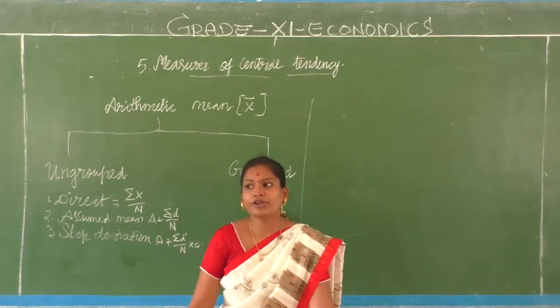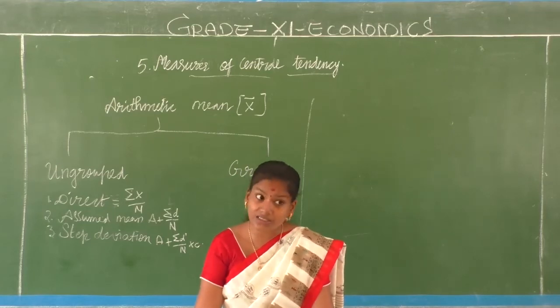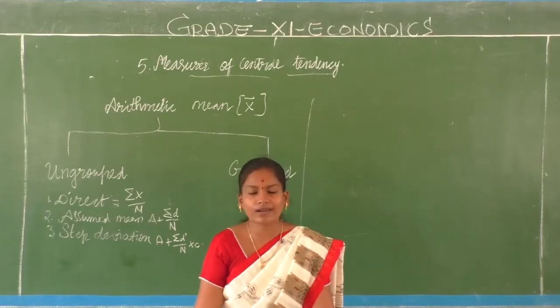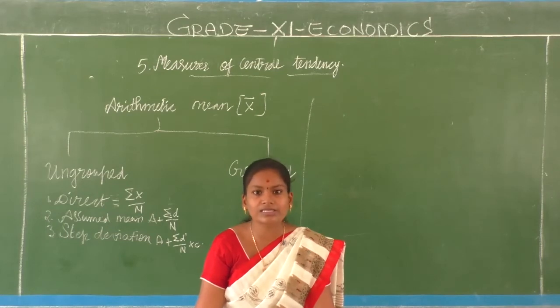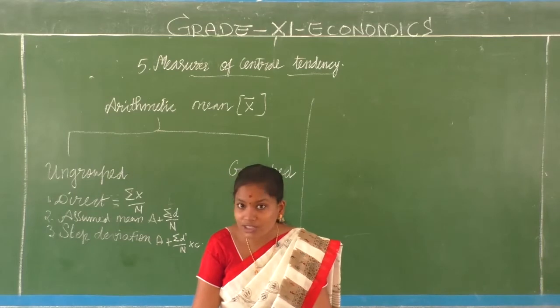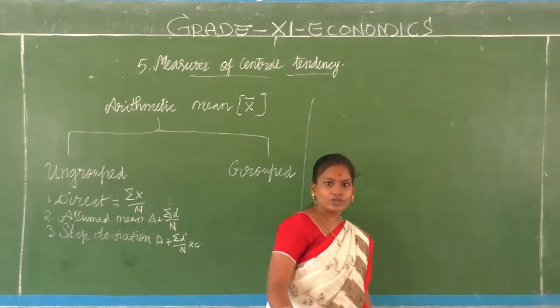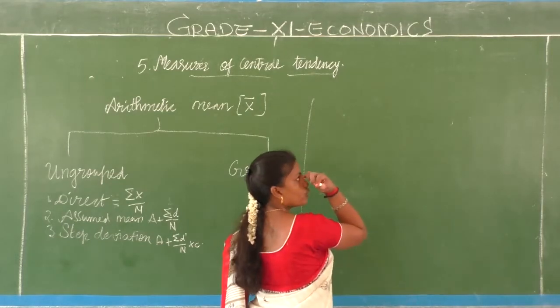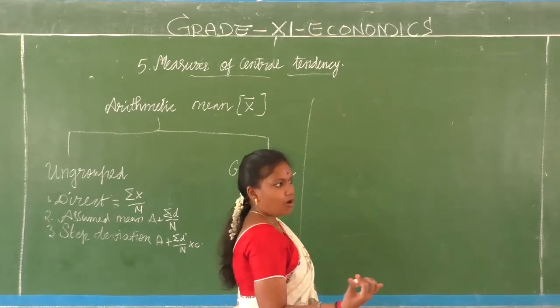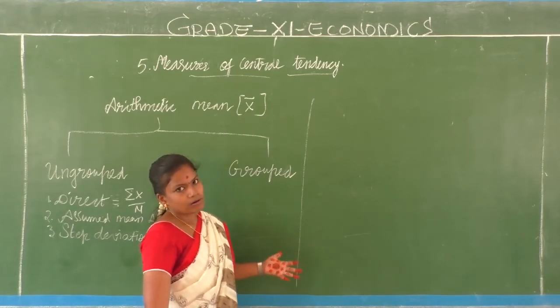Okay, when we talk about frequencies, we need to talk about yet another clarification, which is discrete variables or continuous variables. Do you remember, children, the difference between discrete variables and continuous variables? When you are talking about the weight of students in a particular class, you go for what variables?